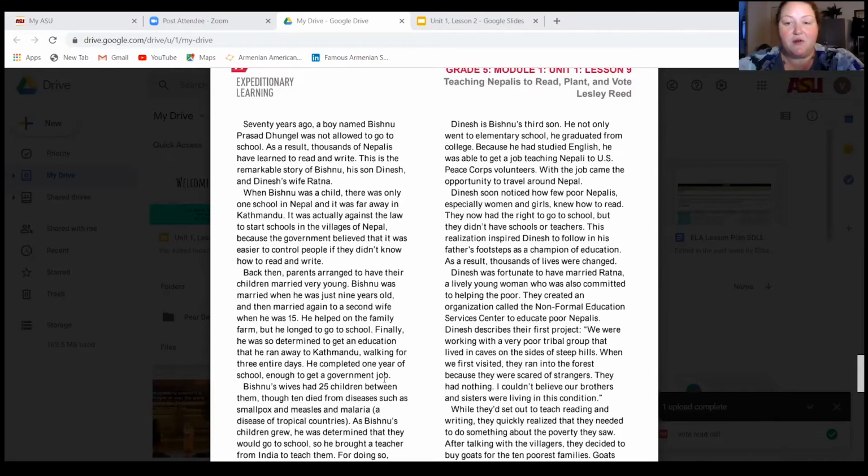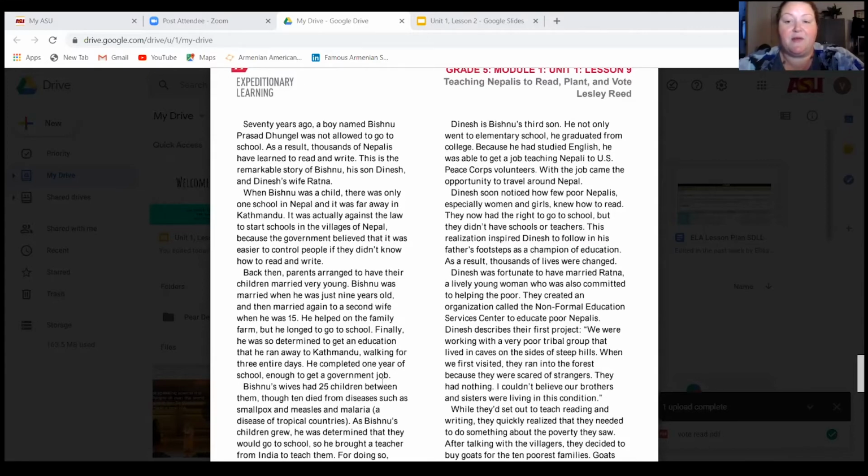Dinesh soon noticed how few Nepalis, especially women and girls, knew how to read. They now had the right to go to school, but they didn't have schools or teachers. This realization inspired Dinesh to follow in his father's footsteps, a champion of education. As a result, thousands of lives were changed.